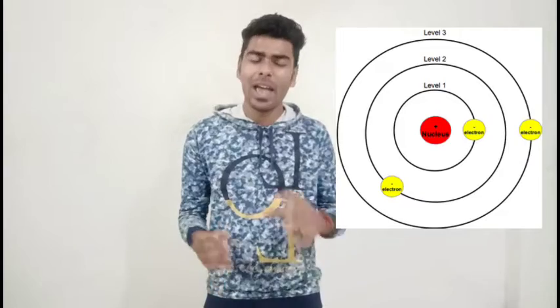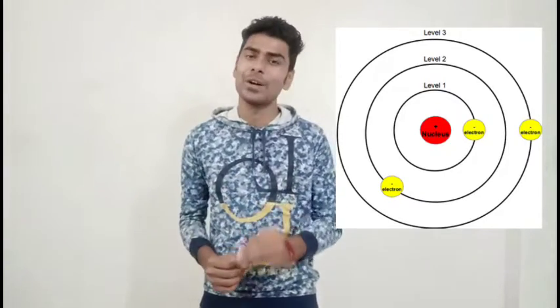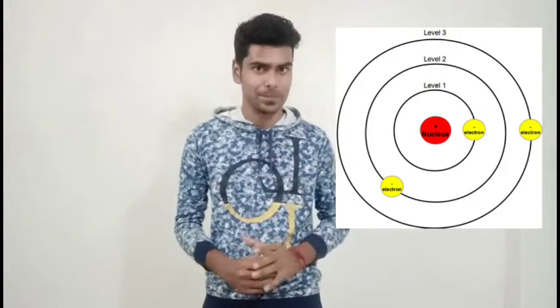Our next model is the Bohr model of atomic structure. Actually, this model clearly explained the stability of the atom. According to this model, electrons revolve around the nucleus in their own fixed orbit.